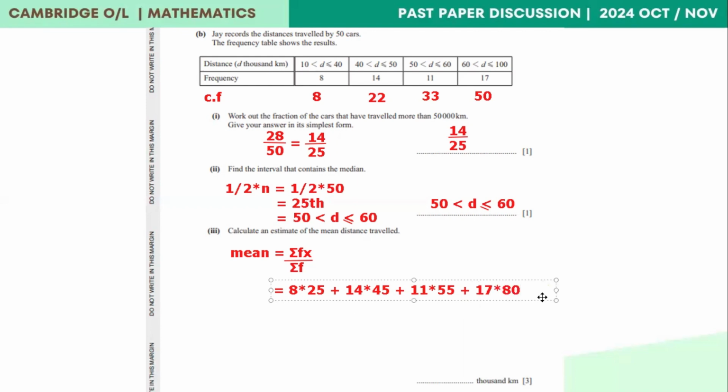That whole thing will be divided by the total frequency, which is 50. Then the mean is equal to 55.9.